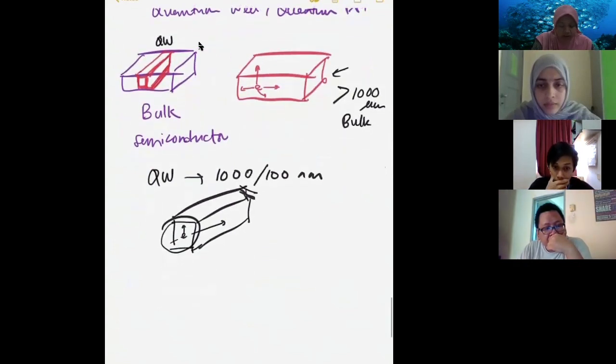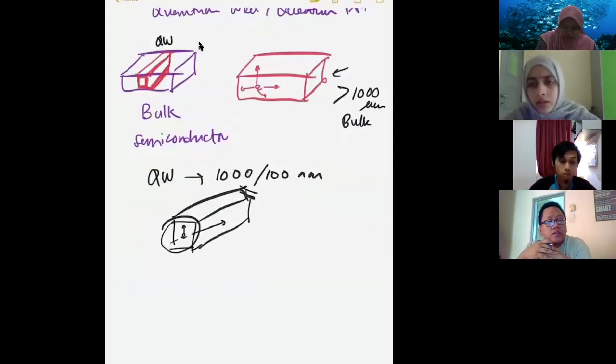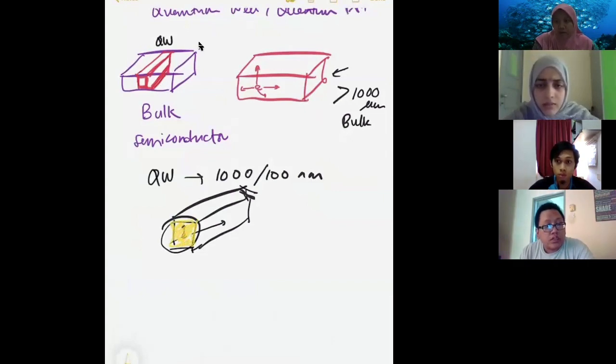Is the nanometer in terms of length or volume? Good question. Here, this is the cross section, the cross section area. I think it's the length.